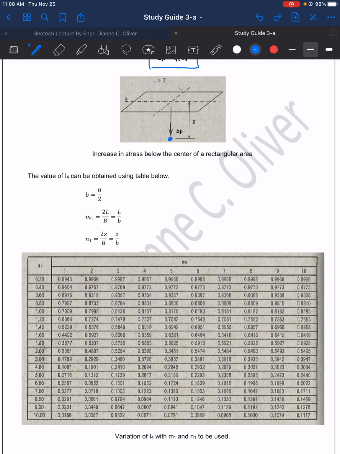Now we can use this formula, L over B and z over B, where B is the full width divided by 2. Okay?